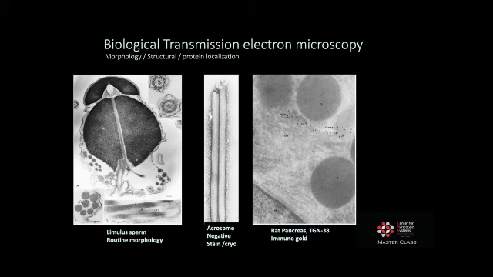We also may be interested in structural information of purified proteins, purified organelles, things along this line. And lastly, we can look at protein localization at a high resolution. And we would do that with an immunolabeling preparation.